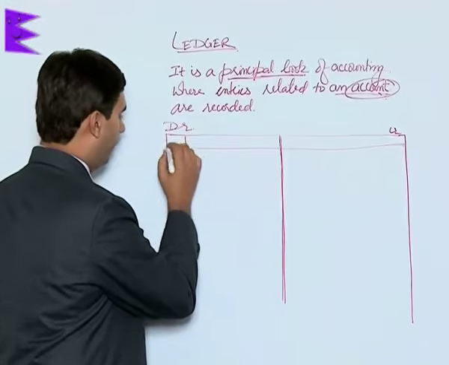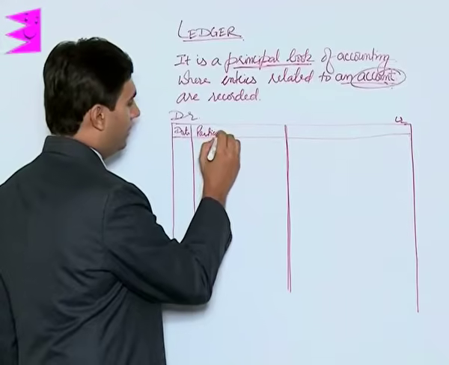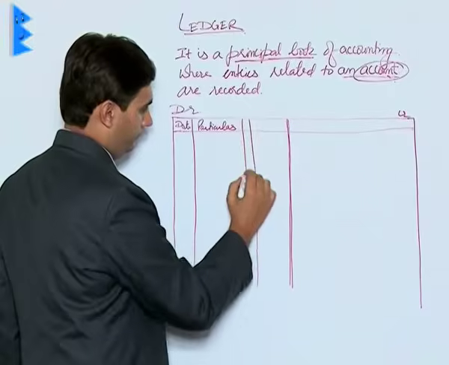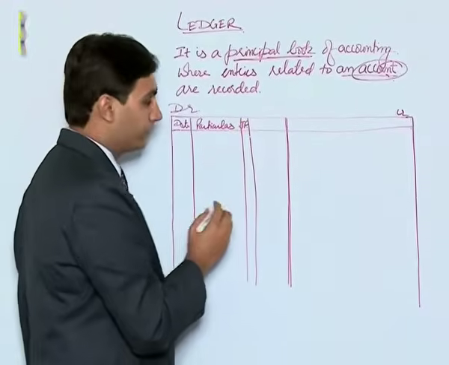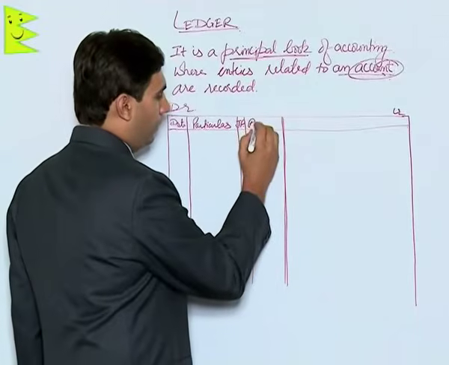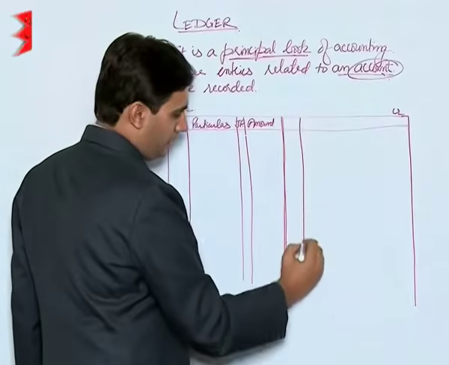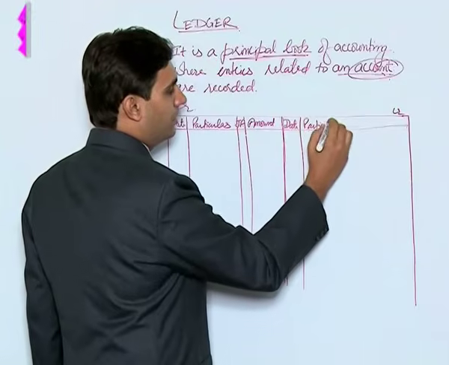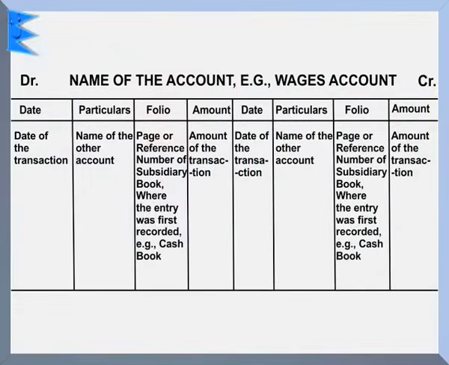Each side has a column for date, particulars, JF. JF stands for journal folio, and amount. Similarly, on the credit side, we have date, particulars, journal folio, and amount.